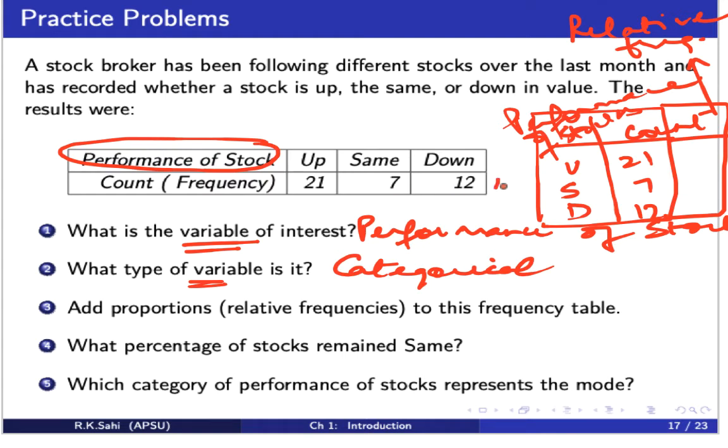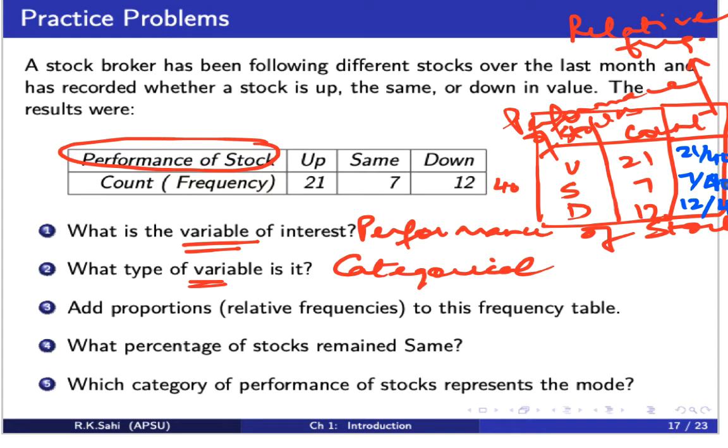So the total is 40. And what is the relative frequency for the up stock performance? It is 21 over 40. For the same, it is 7 over 40. And the last one, down, is 12 over 40.